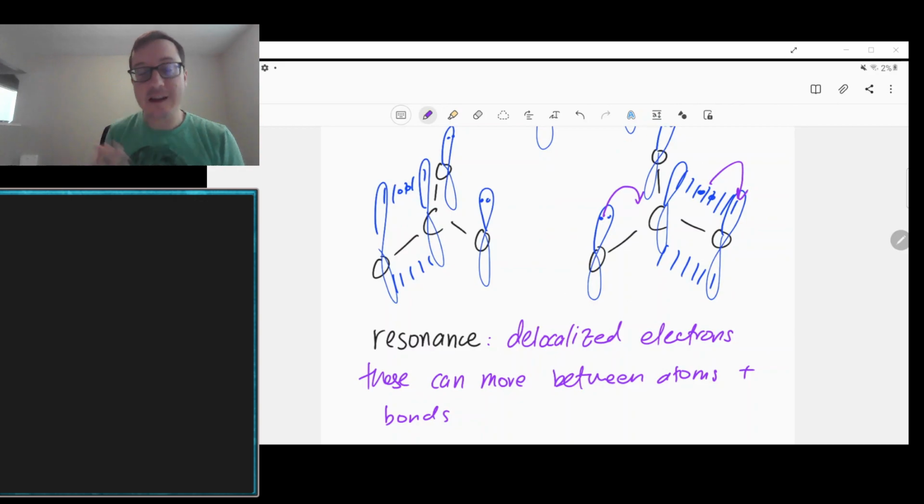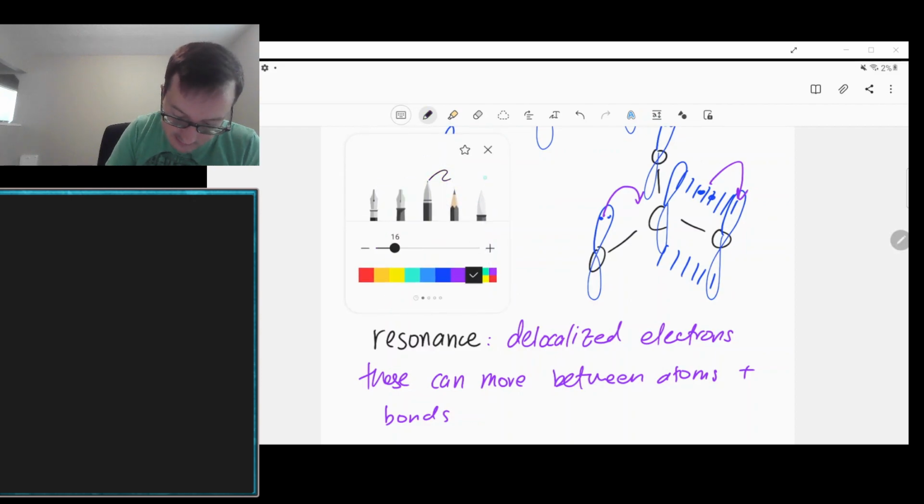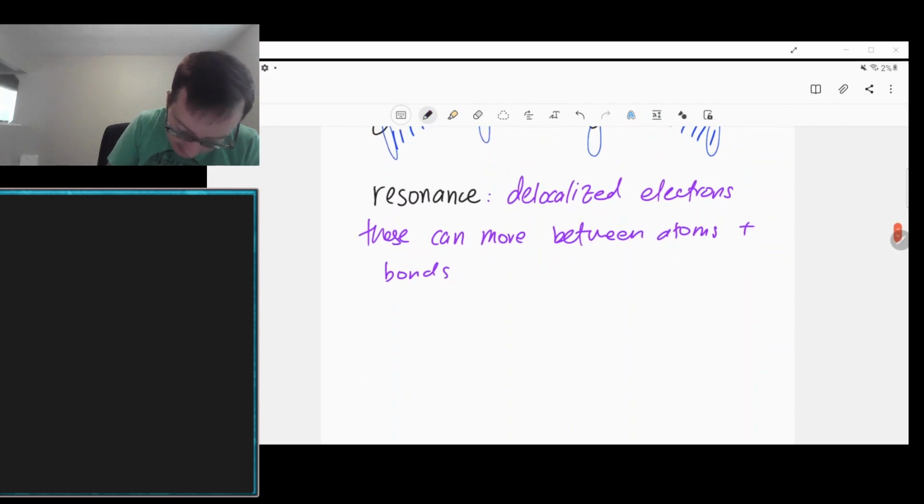And so anytime we have the capability of making multiple correct Lewis structures, we're going to have resonance. And anytime we have resonance, that means we have delocalized electrons. Localized electrons are found only in one spot, but delocalized ones can hop around. And we're going to see this is best illustrated in the molecule of benzene.